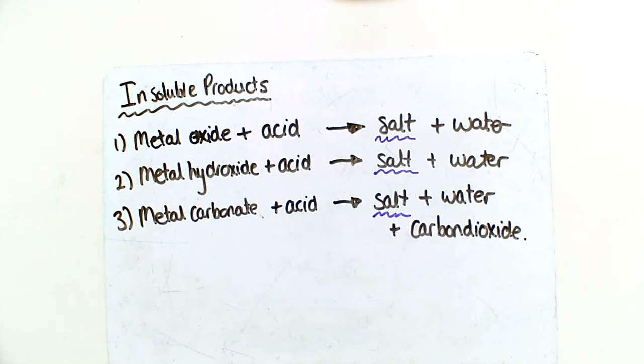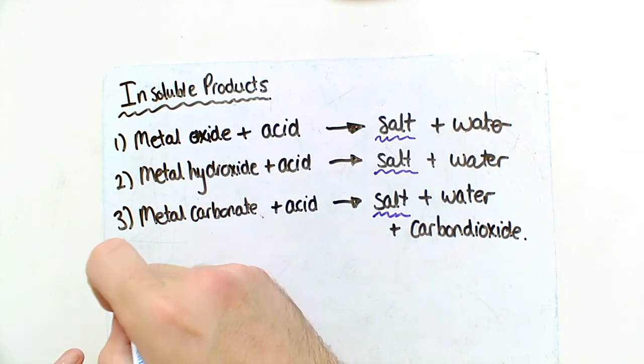And we already know how to name salts and predict salts from our starting materials. But the question now becomes, how do we know whether or not the salt is soluble or not? Now, one way is we get the name of the salt and we use the data booklet. That's one way we can tell.